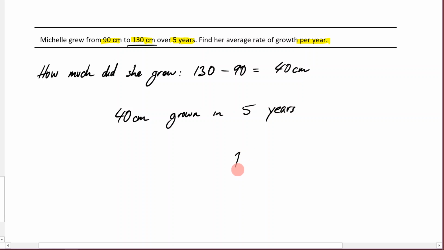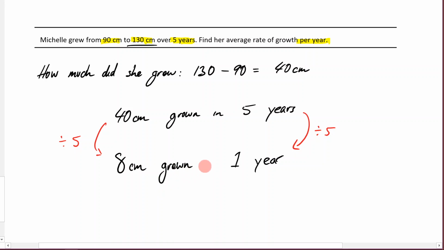Remember, we're trying to figure out how much she has grown in 1 year. That's how we're going to get the average rate of growth. So to go from 5 to 1, we divide by 5. Whatever you do to one side, you must do to the other. 40 divided by 5 is going to be 8 centimeters grown in 1 year.